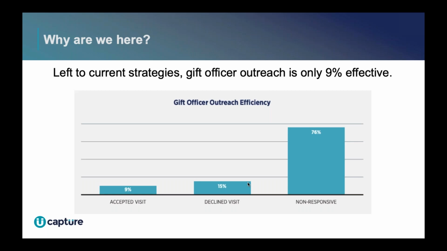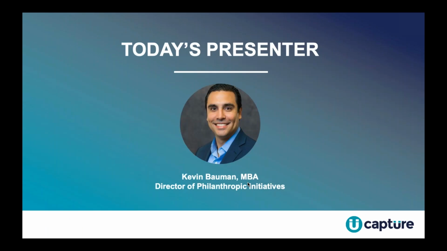As we look at the remaining 4 months of the fiscal year, the question becomes: how do we take that 9% of gift officer outreach, or how do we focus our annual giving solicitations on alumni who are most likely to give, and increase that participation metric so we can really maximize the 4 months that we have remaining?